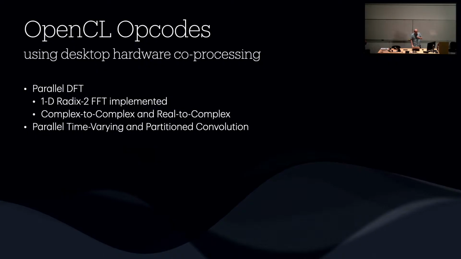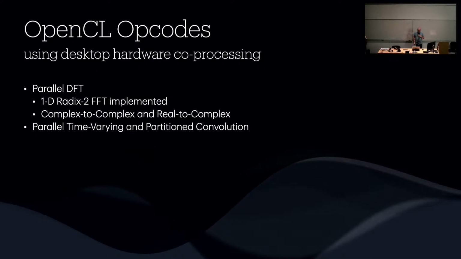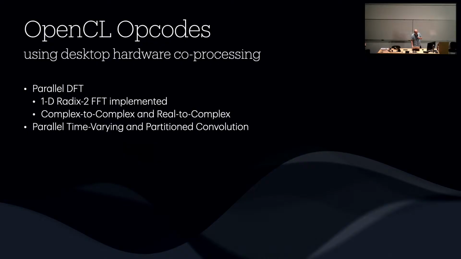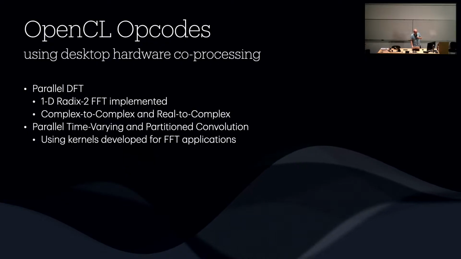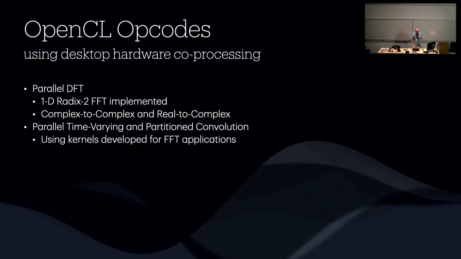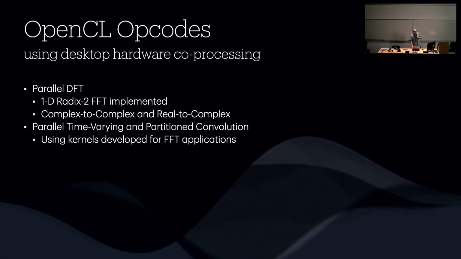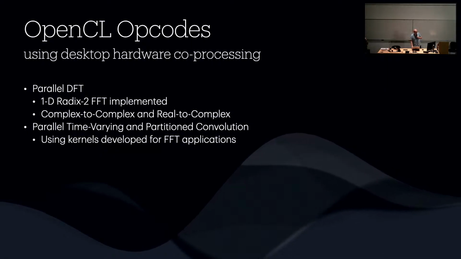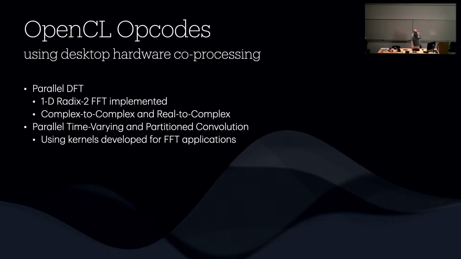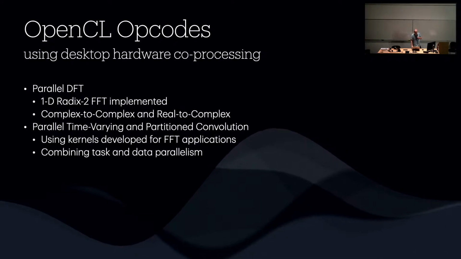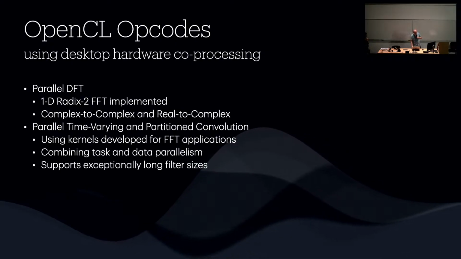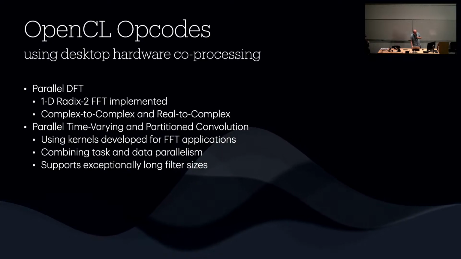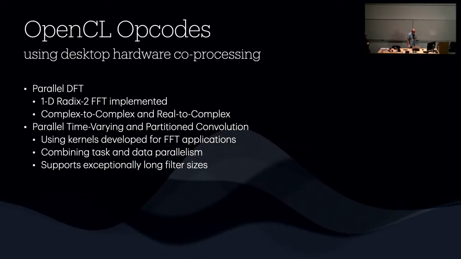And we implemented the parallel time-varying and partitioned convolution. So time-varying convolution is an interesting application for it, which for really large convolution filters, it really makes a big difference. It combines task and data parallelism, and supports exceptionally long filter sizes.